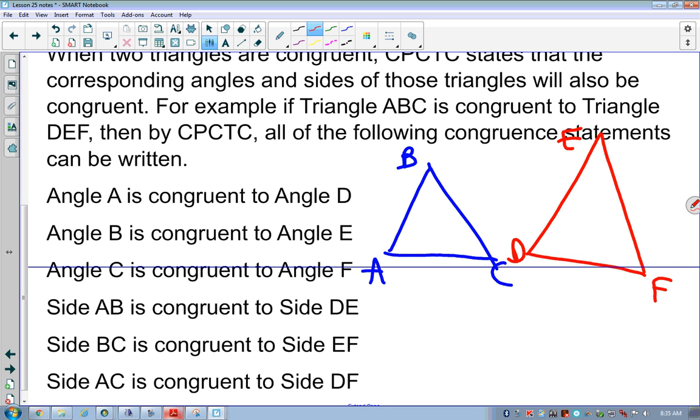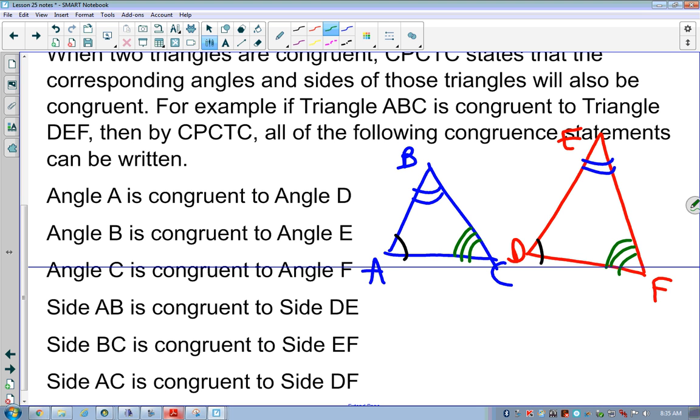If I know that these two triangles are congruent, then I know their corresponding parts are congruent. So A corresponds to D, B corresponds to E, and C corresponds to F.